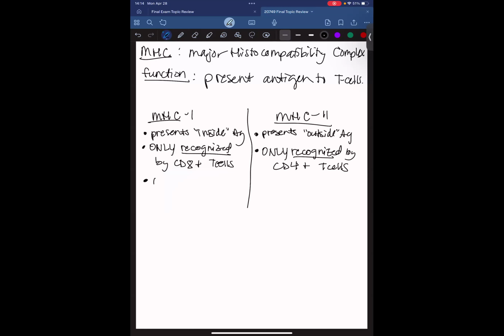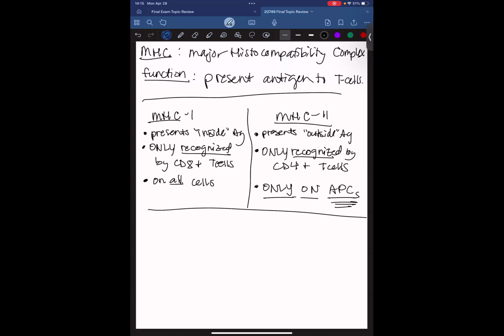MHC1 is on all nucleated cells, pretty much all cells. The defining characteristic of MHC2 is that it's only on antigen-presenting cells.